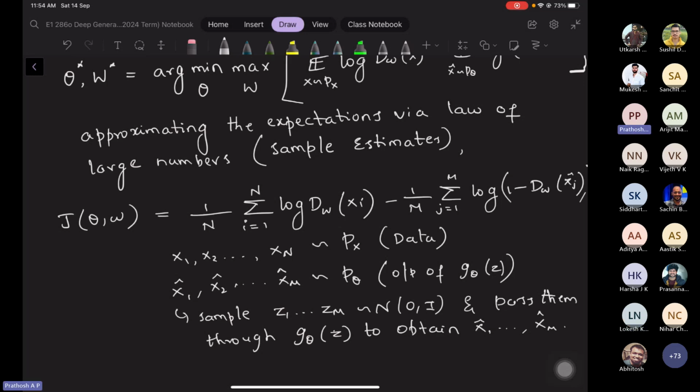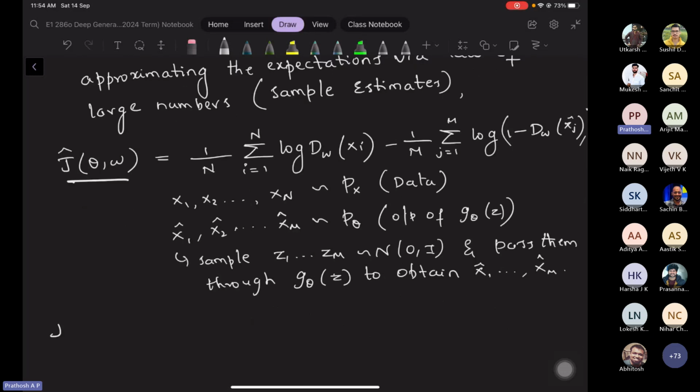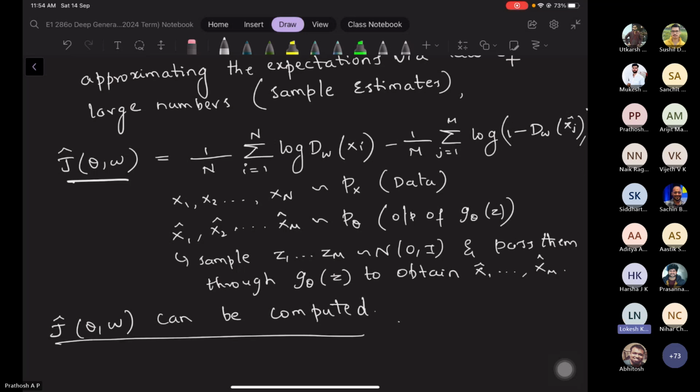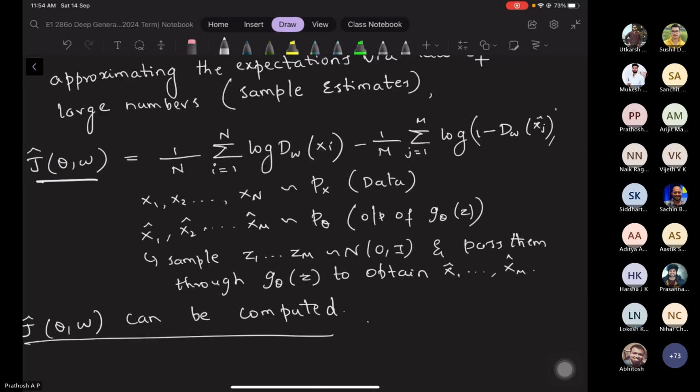Is it okay? Right now, let me call this J cap because I'm taking a sample estimate. Now this J cap of theta and W can be computed, right? Any questions on this? This is pretty important. This is what you're going to implement. So this J cap can be implemented, no?